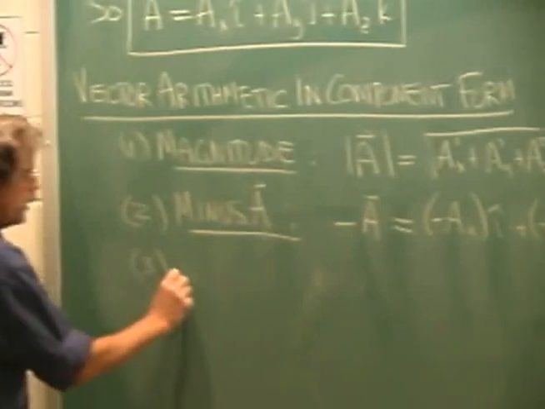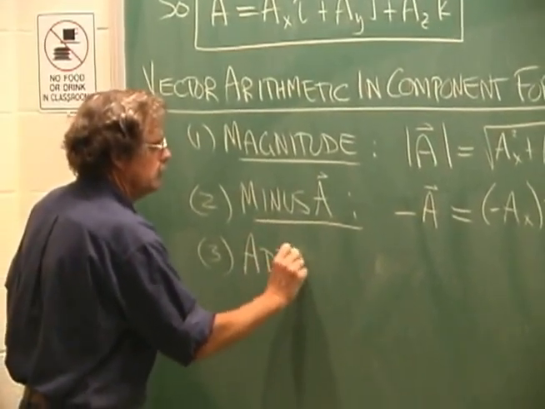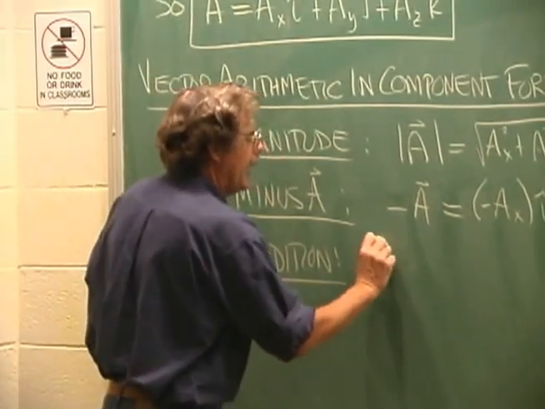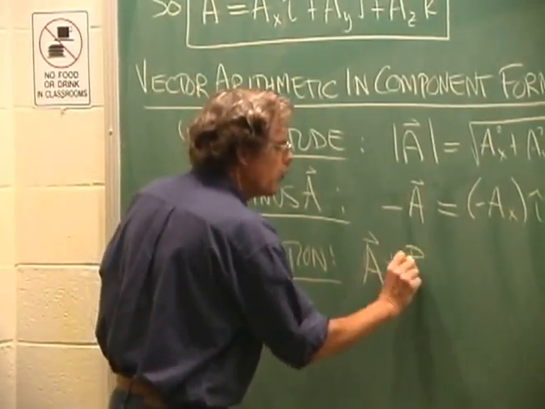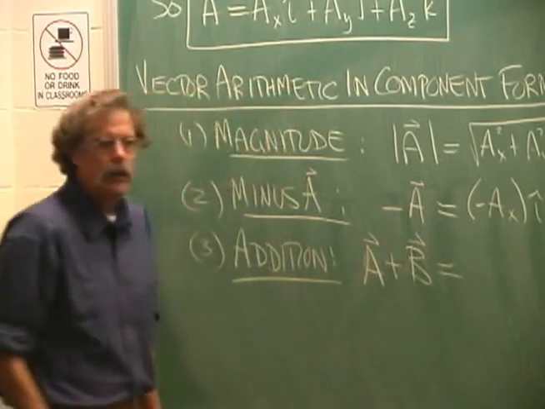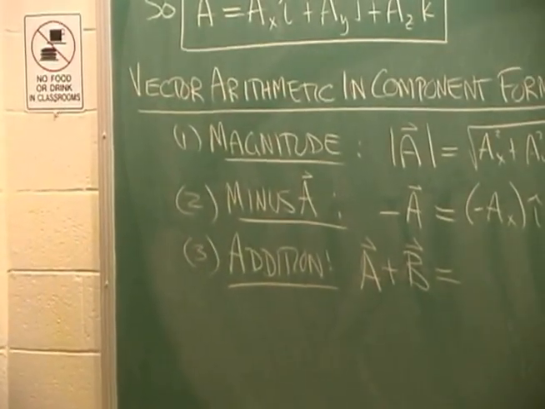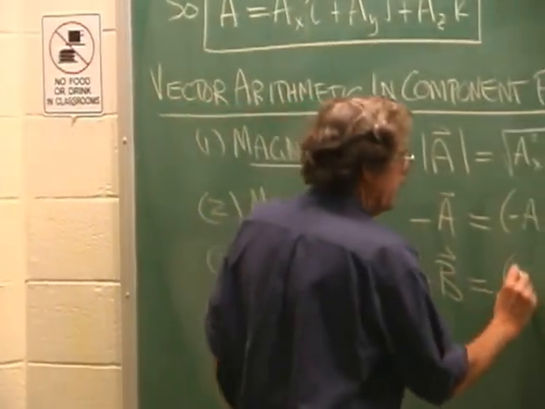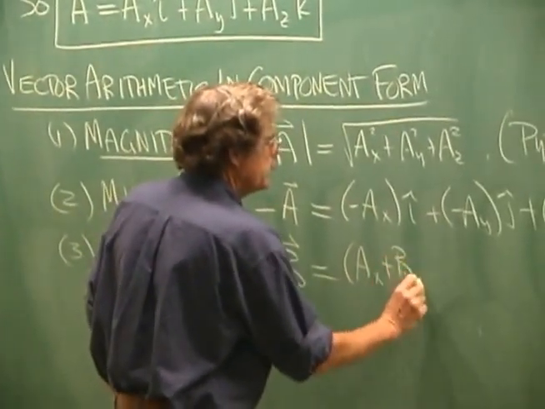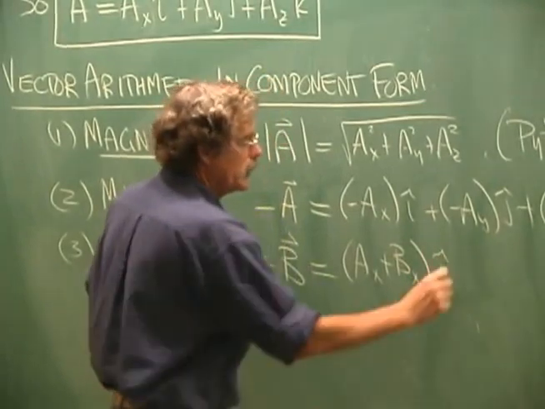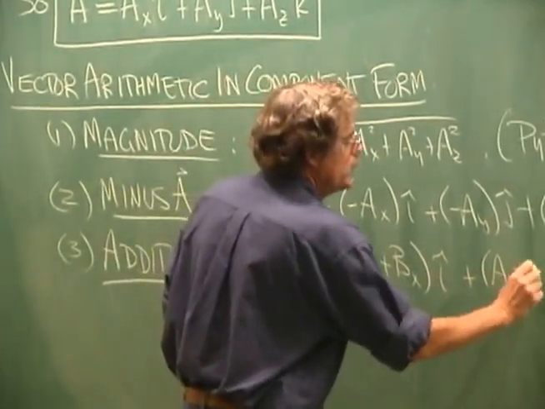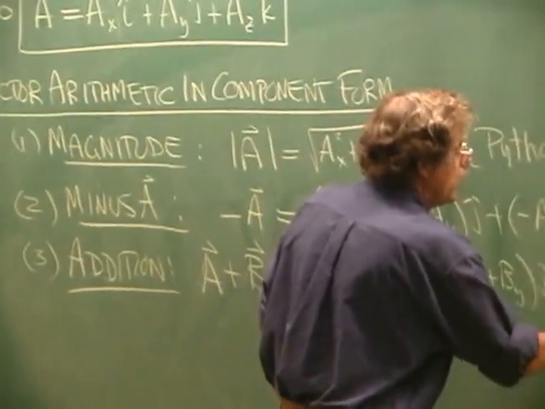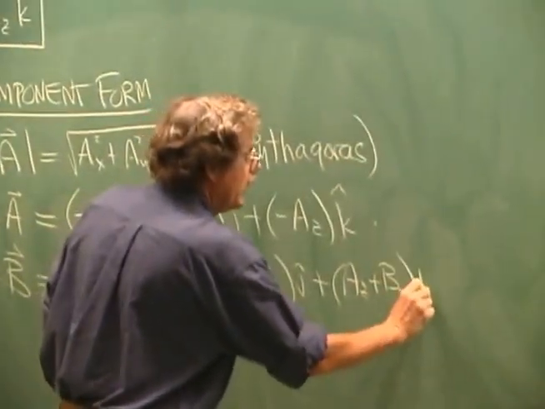Third, addition. If I had two vectors, and I've written them out in component form, a plus b, what would the components of the sum be? Answer: just add like components. Ax plus bx in the i hat direction, ay plus by in the j direction, plus az plus bz in the k direction.